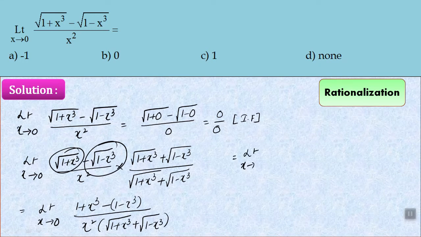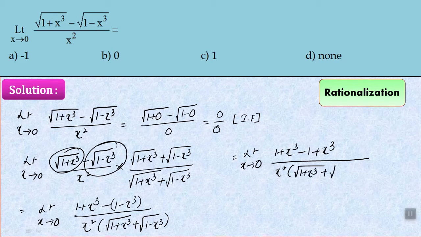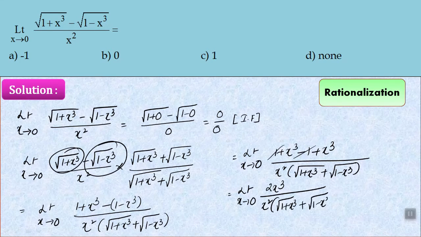Limit x tends to 0. Here 1 plus x cube minus 1 minus, minus into plus x cube, divided by x square into square root of 1 plus x cube plus square root of 1 minus x cube. Here plus 1 minus 1 gets cancelled, x cube plus x cube is 2x cube, divided by x square into square root of 1 plus x cube plus square root of 1 minus x cube.